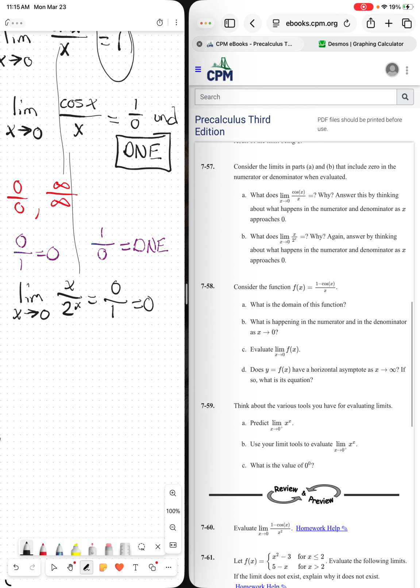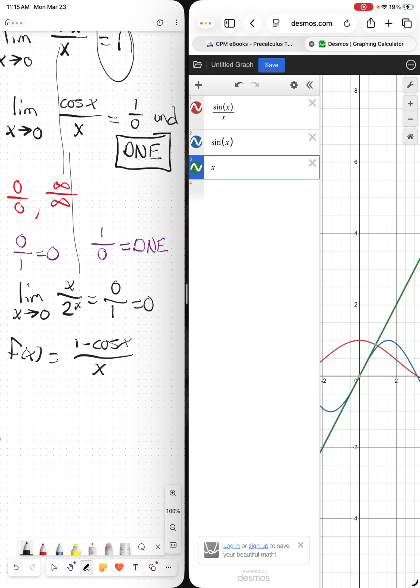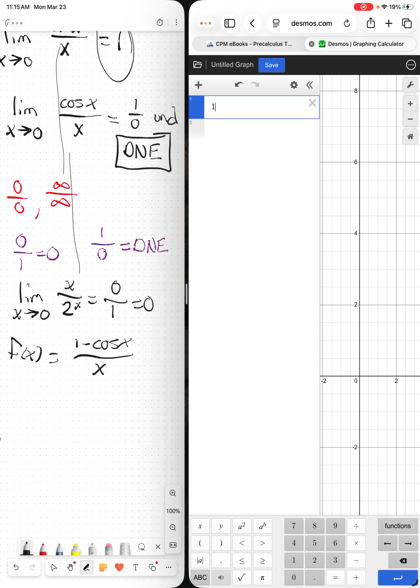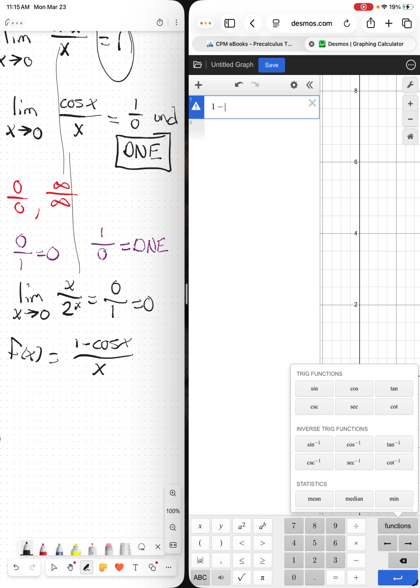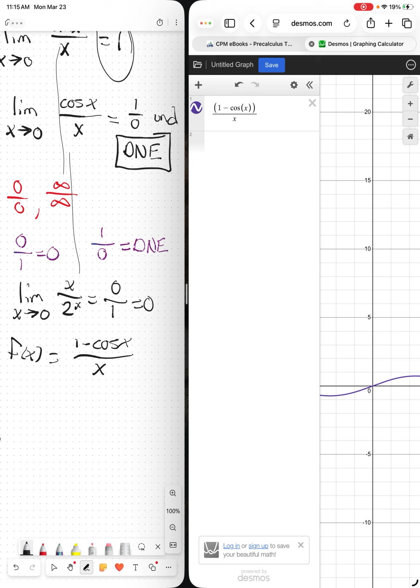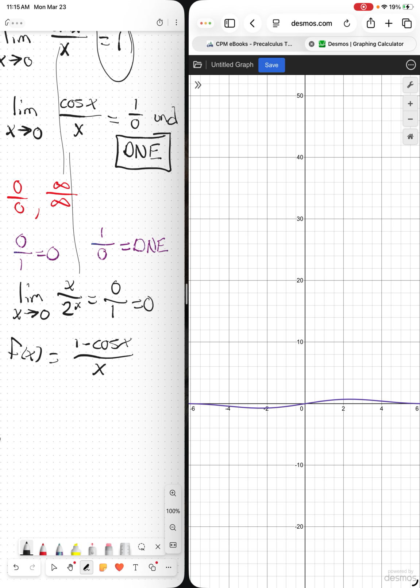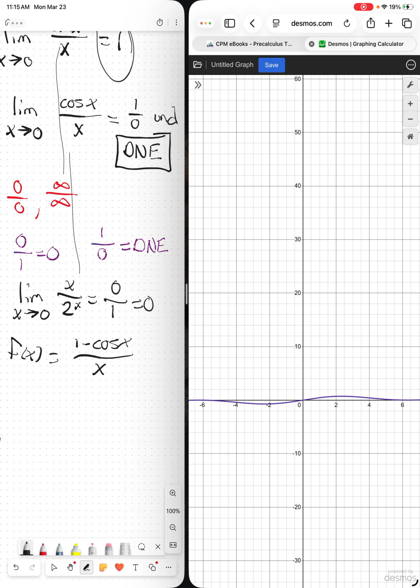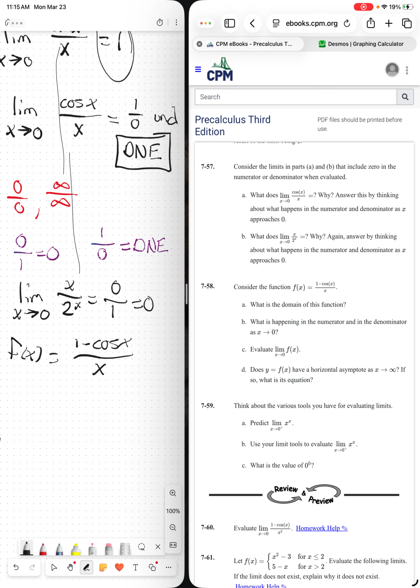All right, consider the function f of x equals 1 minus the cosine of x over x. So let's look at this graph. What is the domain?